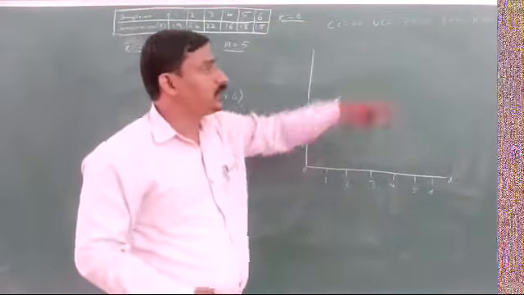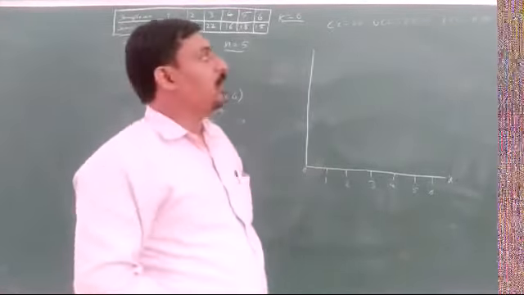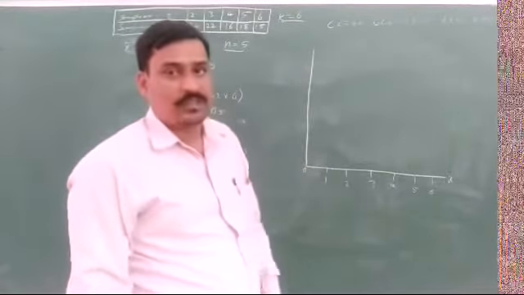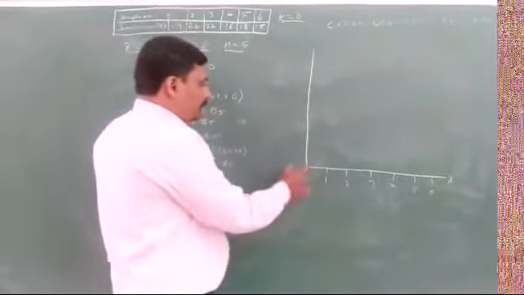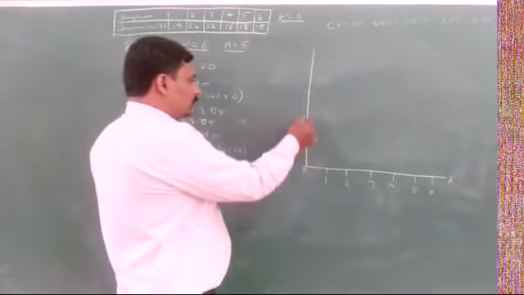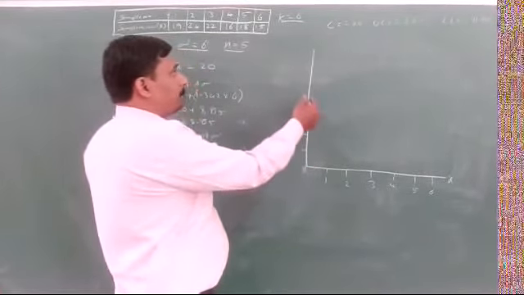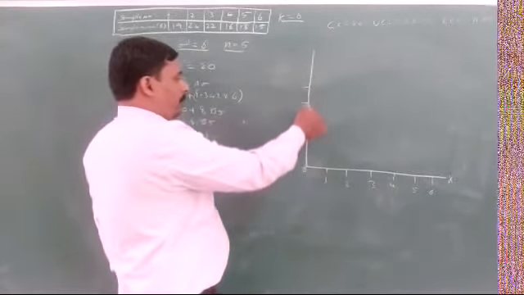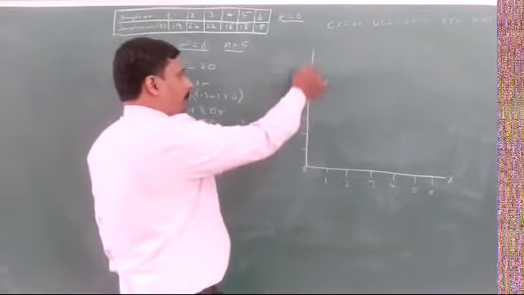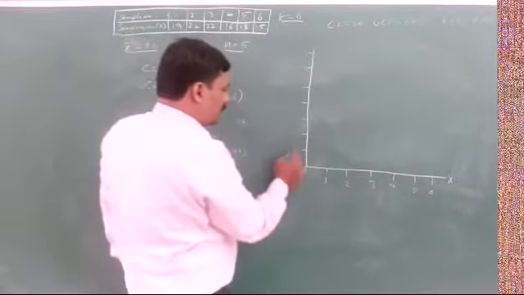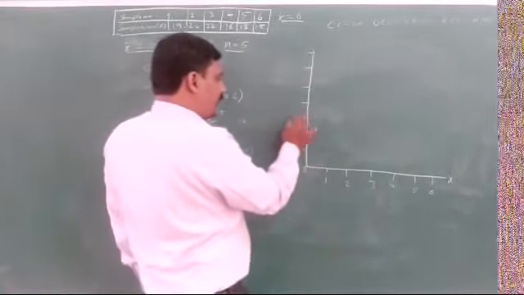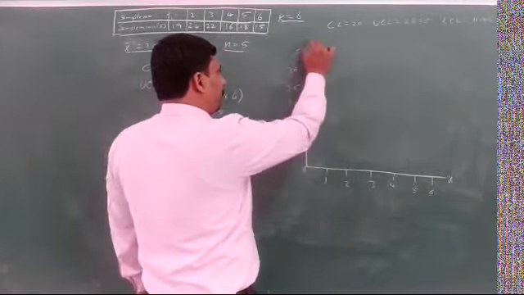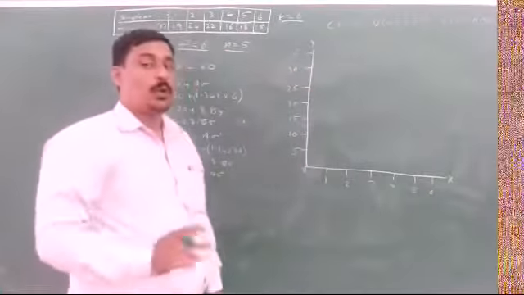Let us take 10, 20, 30, it will be easy. So let me take 5, 10, 15, 20, 25, 30 on the y-axis. So here first lower control limit.